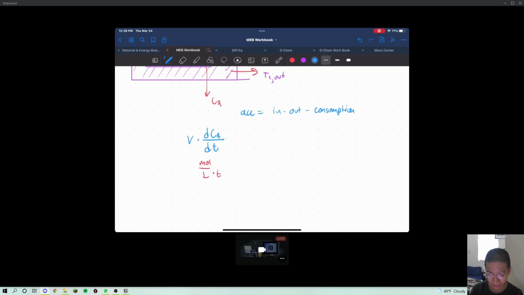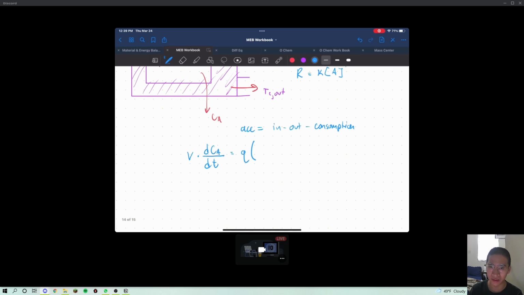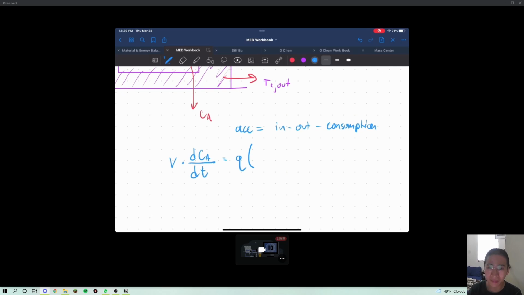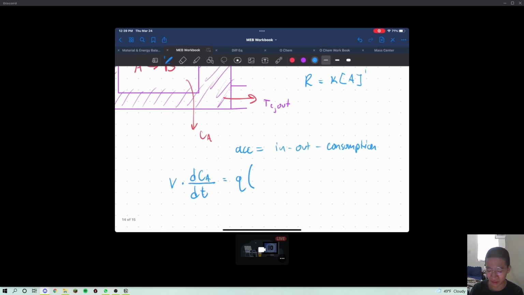Okay, and let's set up the right-hand side of our differential equation now. What do we have? We have Q, flow rate, times in and out. I mean, out minus in, right? Out minus, no, sorry, in minus out. I'm getting myself mixed up by trying to talk at the same time. It's in minus out. We can see very clearly right here.